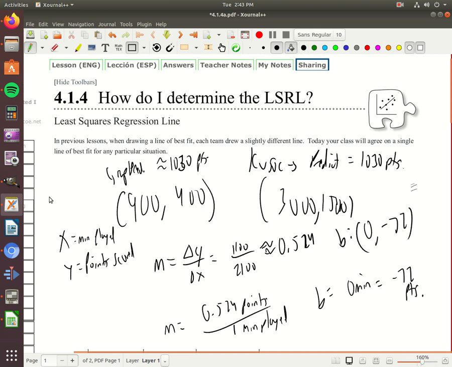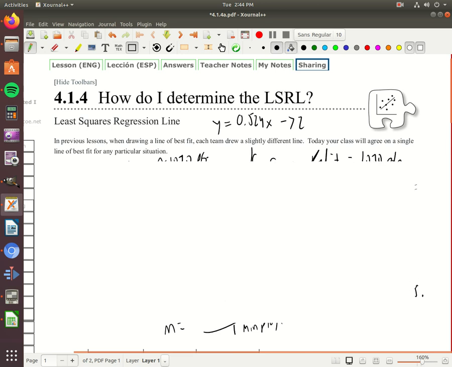So we have Kukoc's prediction. I do want the equation of the line, actually. So I'll say y equals 0.524x minus 72. All right, then I will give myself a little bit of room to figure out what's going on with Jordan.